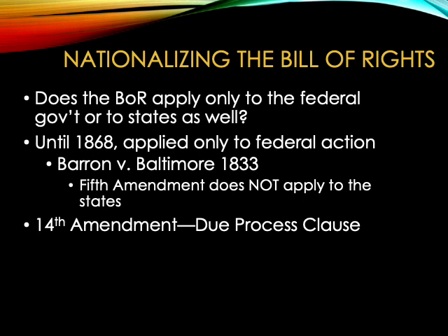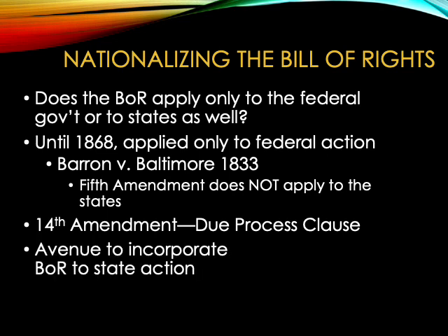And so it was telling states what they can't do. And so that due process clause, telling states that you can't take away your life, liberty, or property without due process of law, was used to incorporate the Bill of Rights to the states. And so that avenue to incorporate the Bill of Rights to state actions started in 1868.